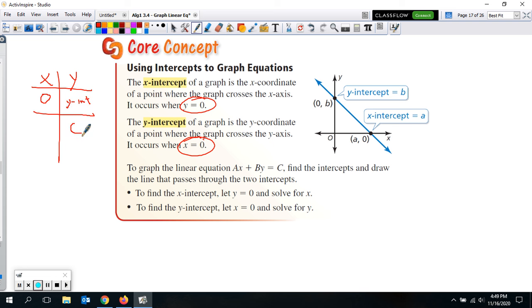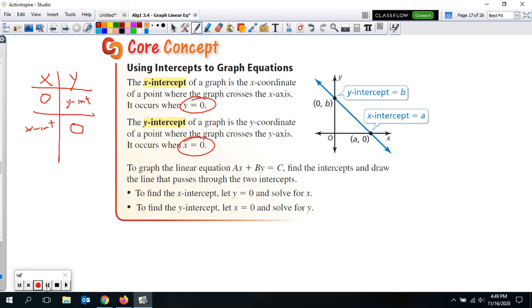And then if I put in 0 for y as an input, what I would get out over here would be the x-intercept. That's going to be an x and y coordinate that you'd find on the coordinate plane, just like we see here, 0, b or a, 0. So they're using b for this one, and they're using a for that one.